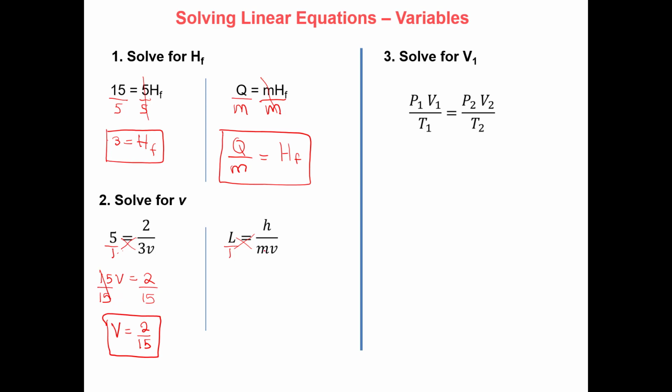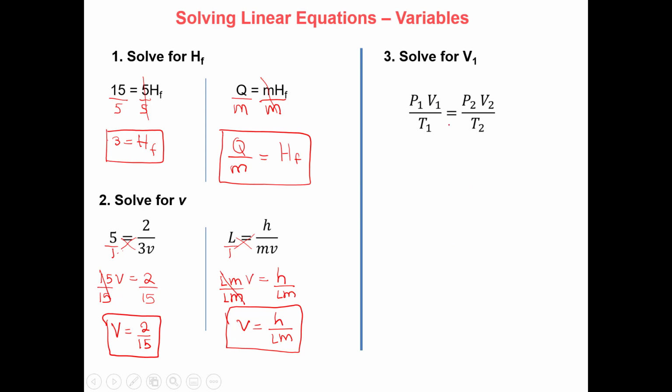L times N times V equals 1 times H, which is just H. But we need to solve for V. Yes, V is the variable. Then we can think the other two are just numbers. Then we divide by L N, this cancels out, and we have V equal to H over L N. This is the answer. And it's the same thing. Yes, we did it. We don't need to do anything different.